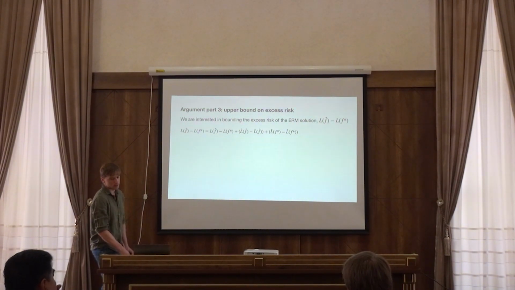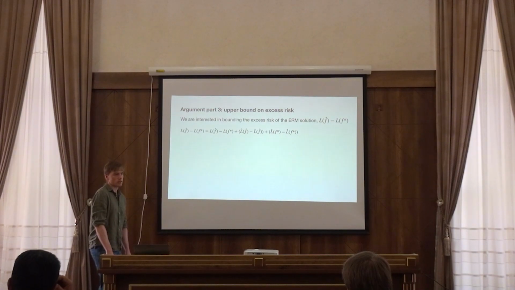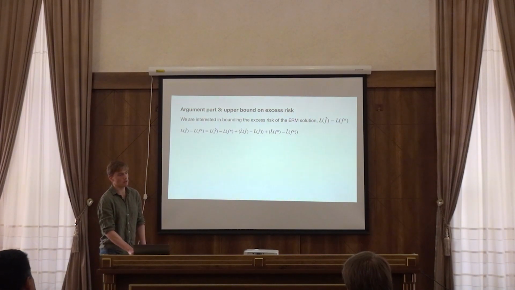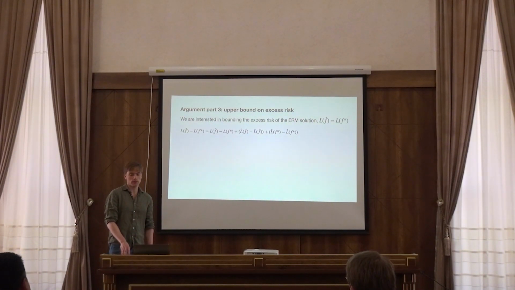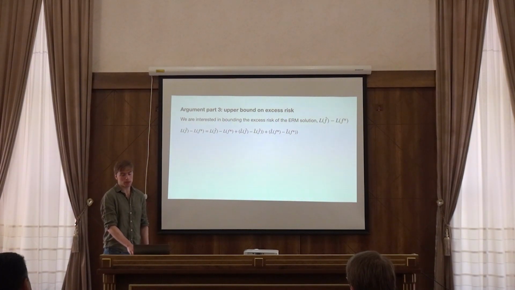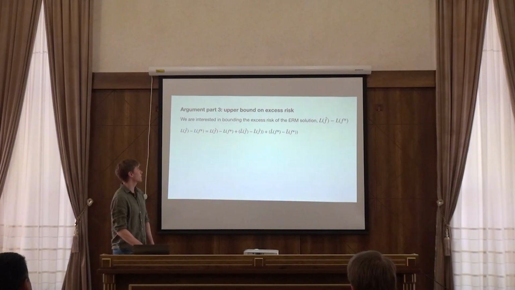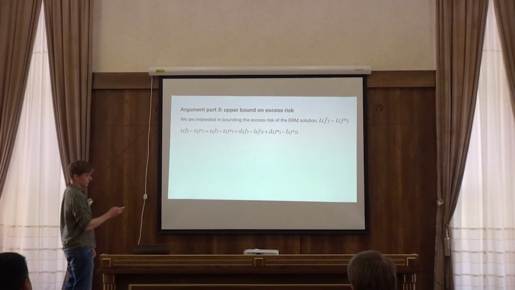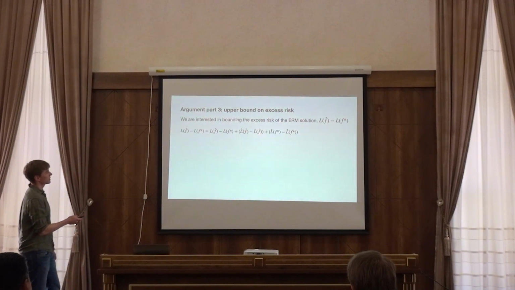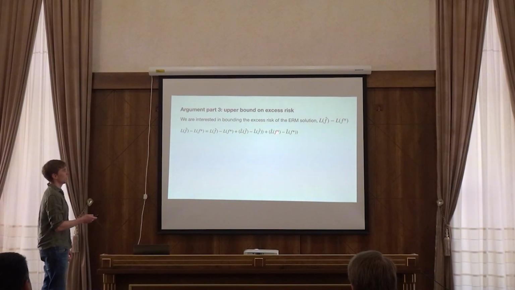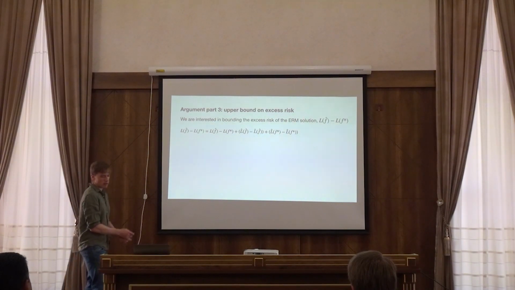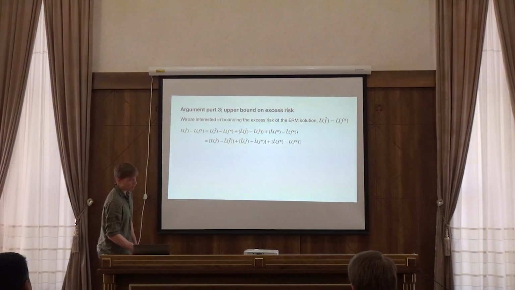So to this end, let's consider the excess risk. This is the population risk of our empirical risk minimizer, the difference between that and the population risk of the Bayes optimal model. And so we can do the following very simple and very standard decomposition. I'm just going to add and subtract L hat(f hat), and I'm going to add and subtract L hat(f star), and I'm going to rearrange it so that we identify the following three groups.